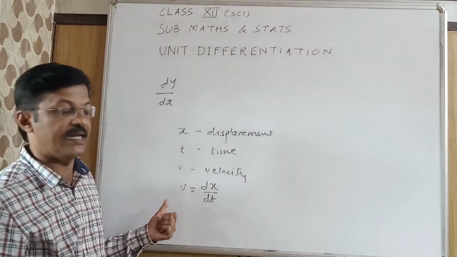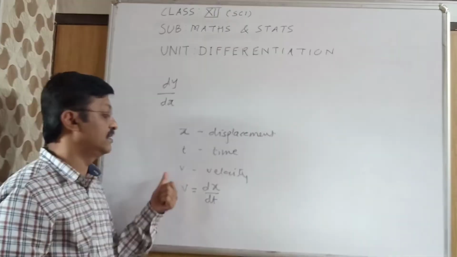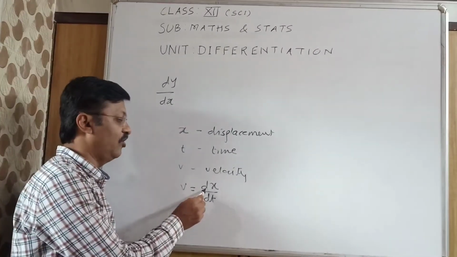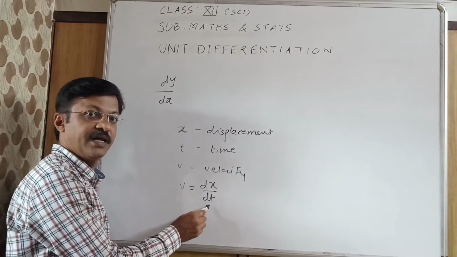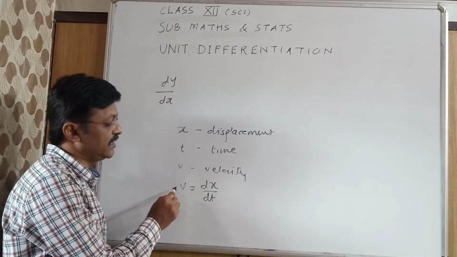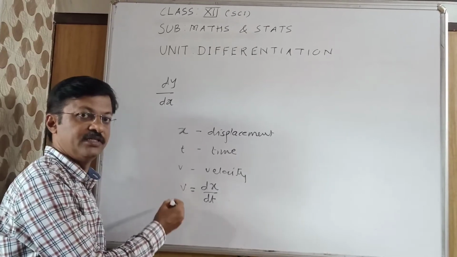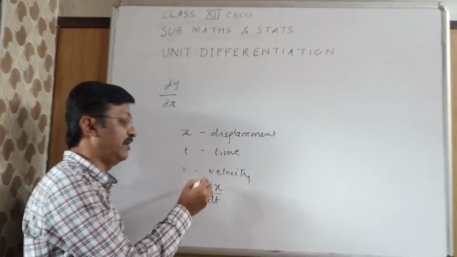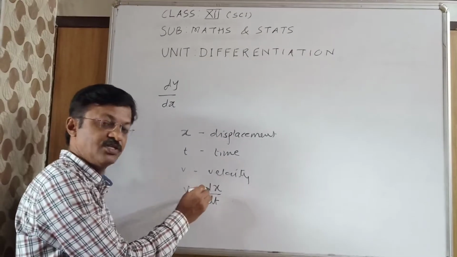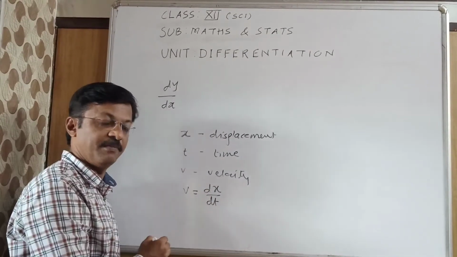V is an instantaneous velocity. It is actually the derivative of displacement with respect to time, dx by dt. So velocity is rate of change of displacement with respect to time, which means it is the derivative of displacement with respect to time.